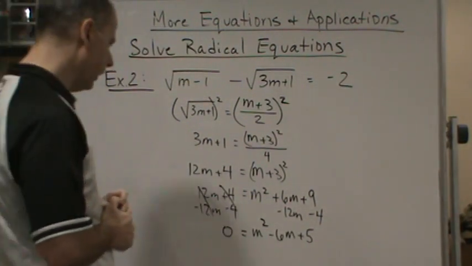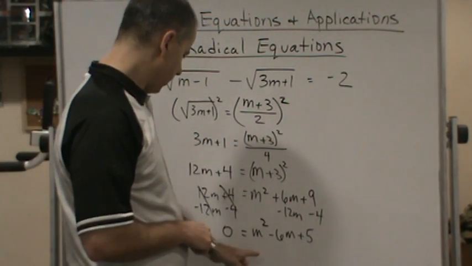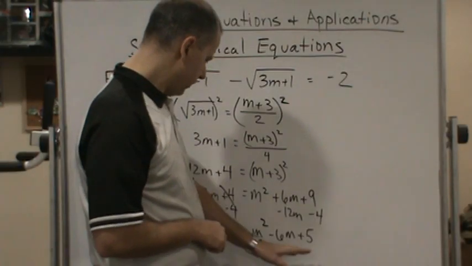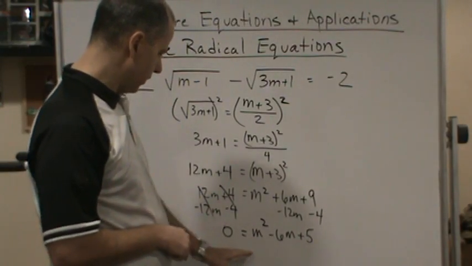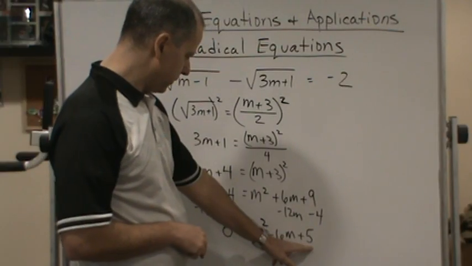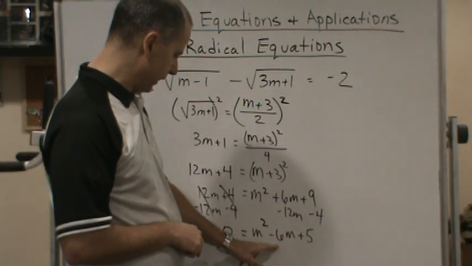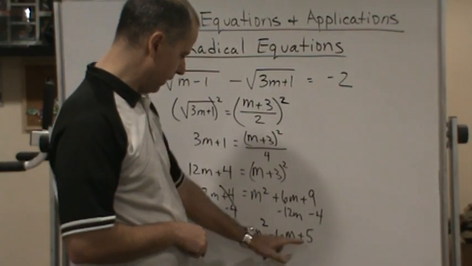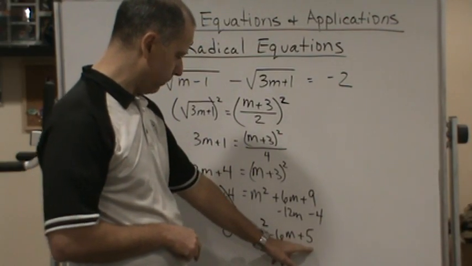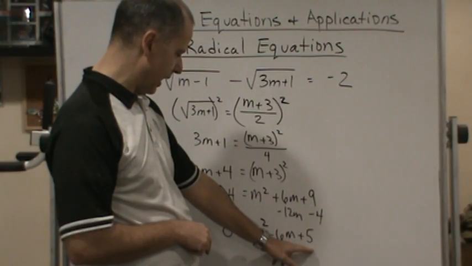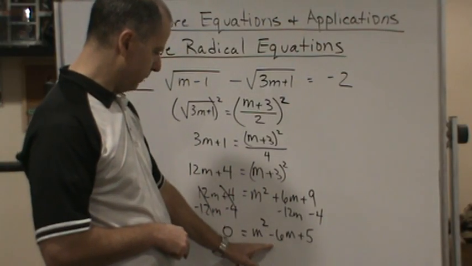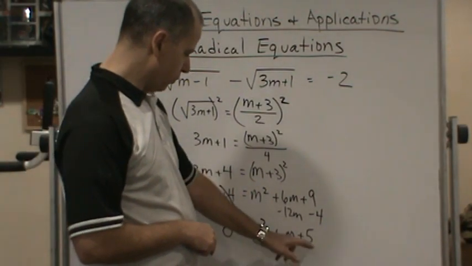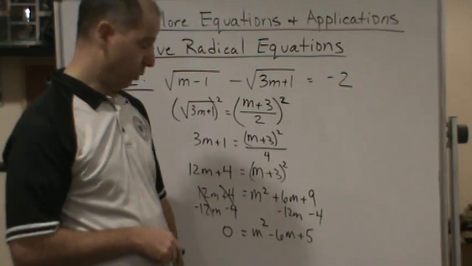And so now, here's where I need to factor, right? So now I've got a quadratic equation, and so I need two factors of 5 that will give me negative 6. Well, the positive here means that they both have to be the same sign. The fact that this is negative means they both have to be negative. So it's negative 1 and negative 5 that will work.